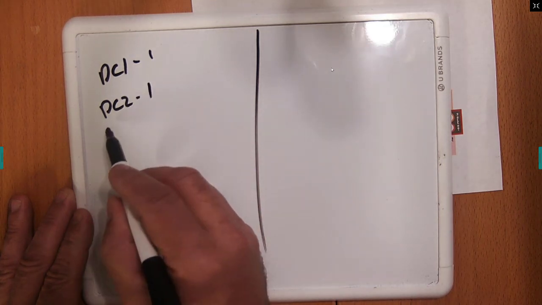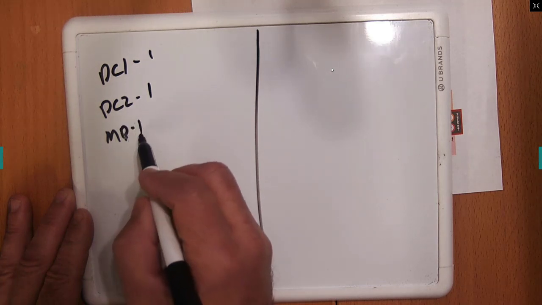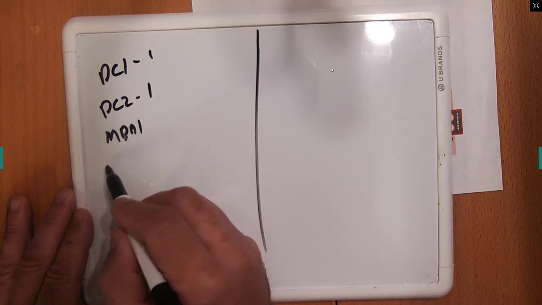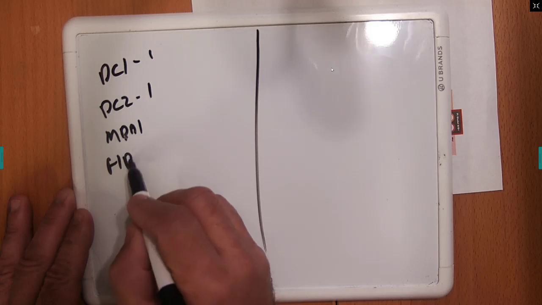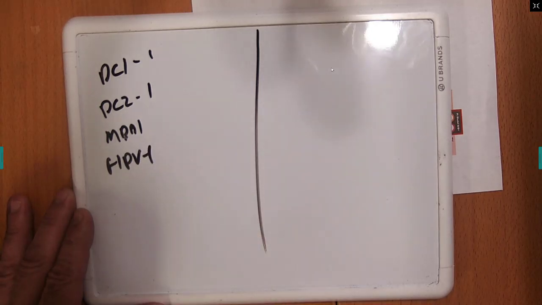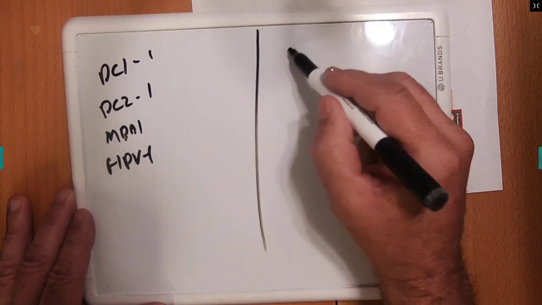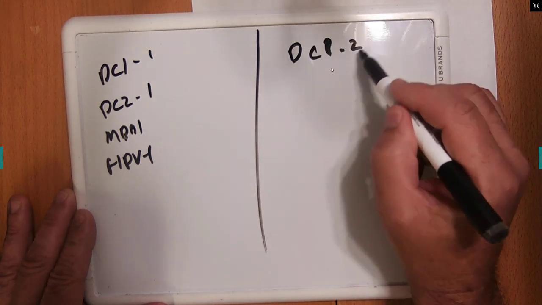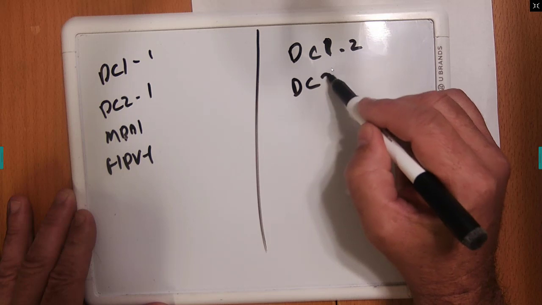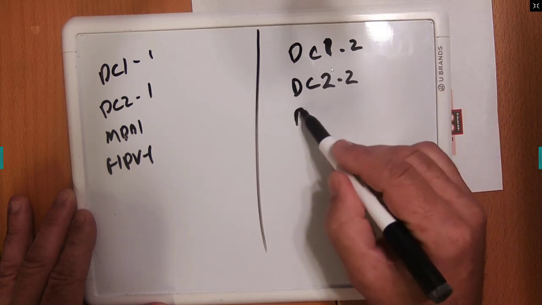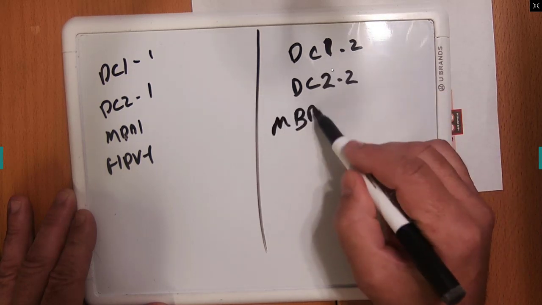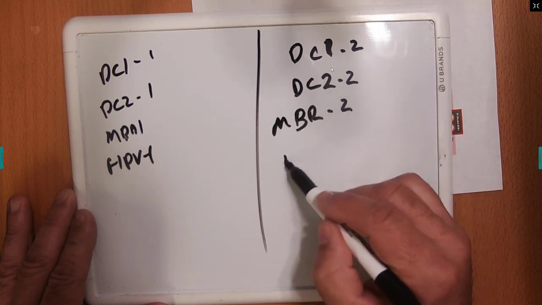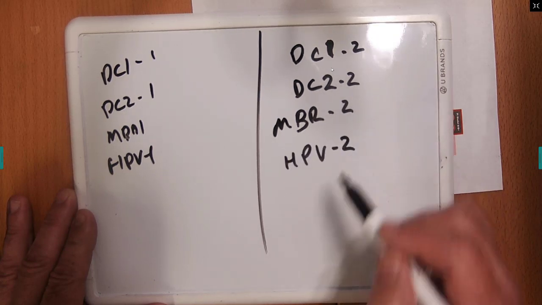We've also got MBR-1, and we have HPV-1. And then on this side, we've got DC1-2, DC2-2, MBR-2, and HPV-2.